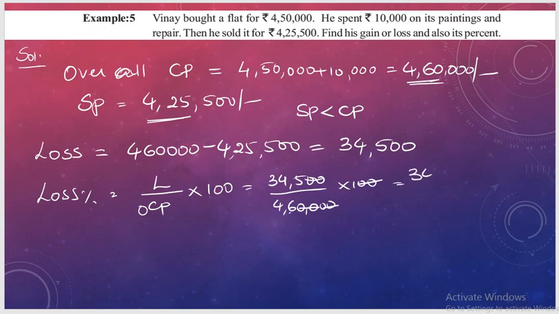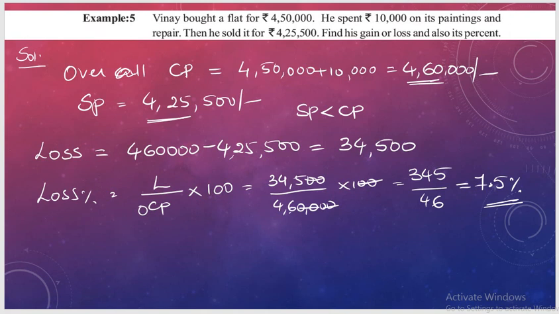What am I left with? 345 divided by 46, which gives me some 7.5 percent. This goes 7.5 times. So I am going to get a loss of 7.5 percent, right?